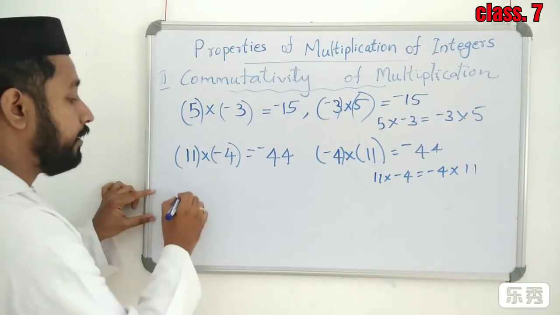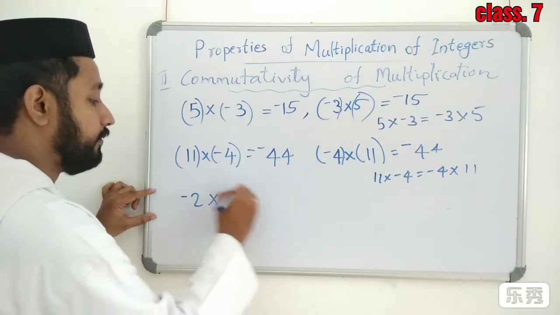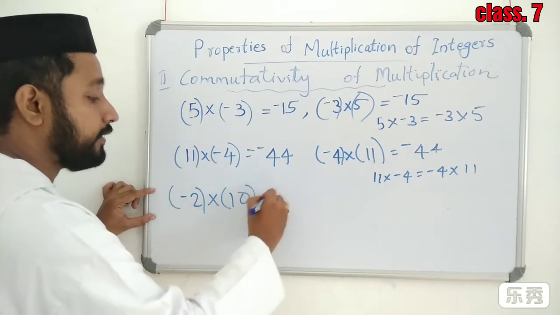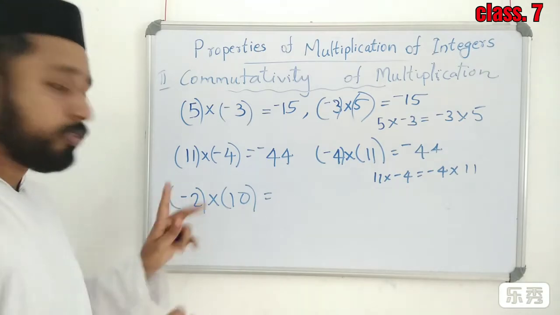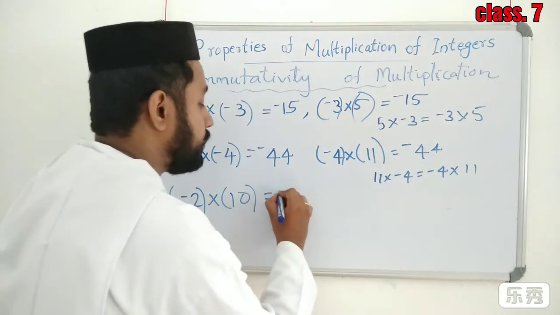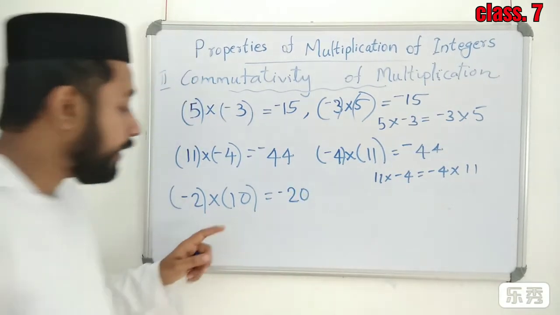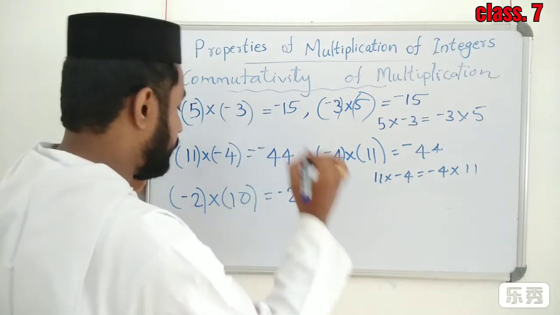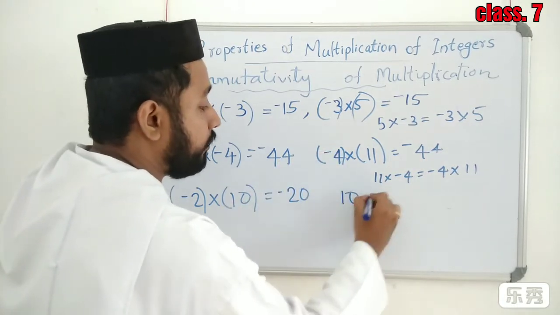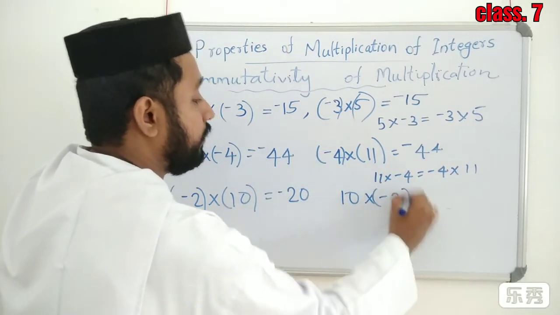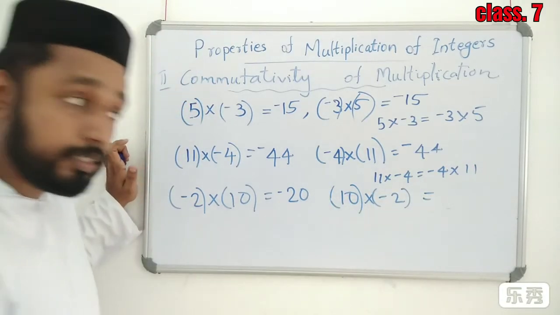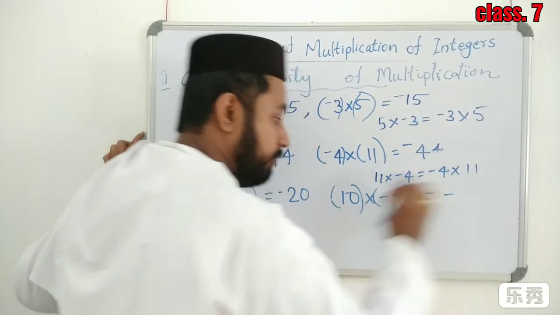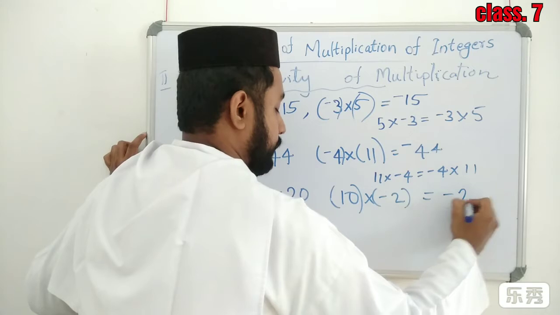Next one, minus 2 into 10. What is the answer? One negative, one positive, answer is negative. 2 into 10, 20. So answer is minus 20. Now I am going to find 10 into minus 2. One positive into one negative, answer is negative. 10 into 2, 20.